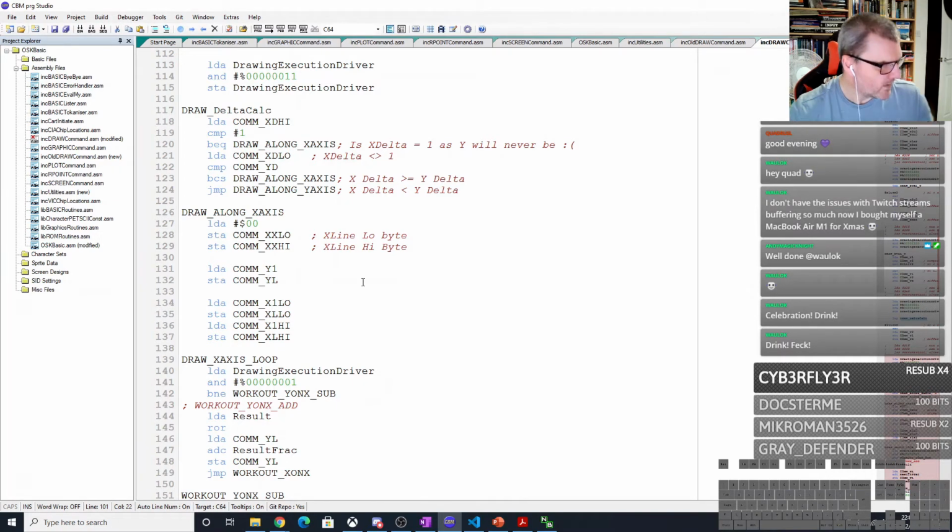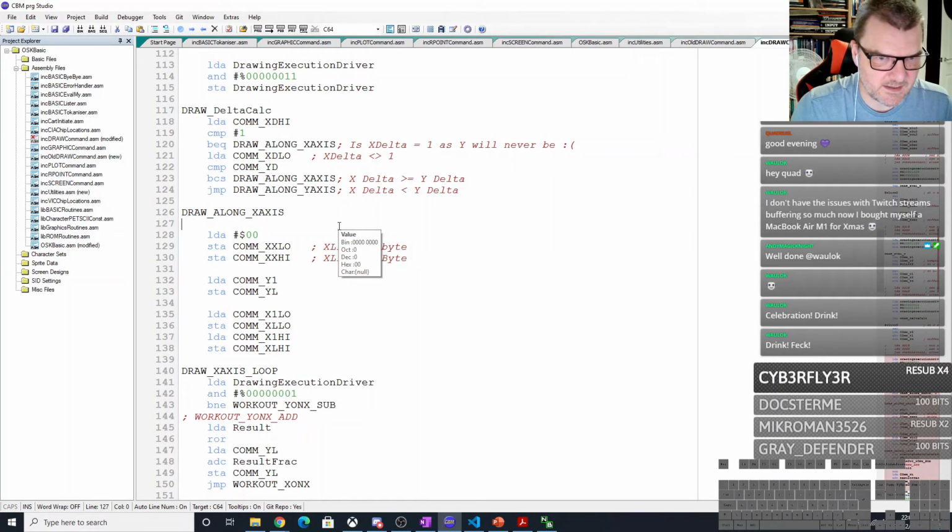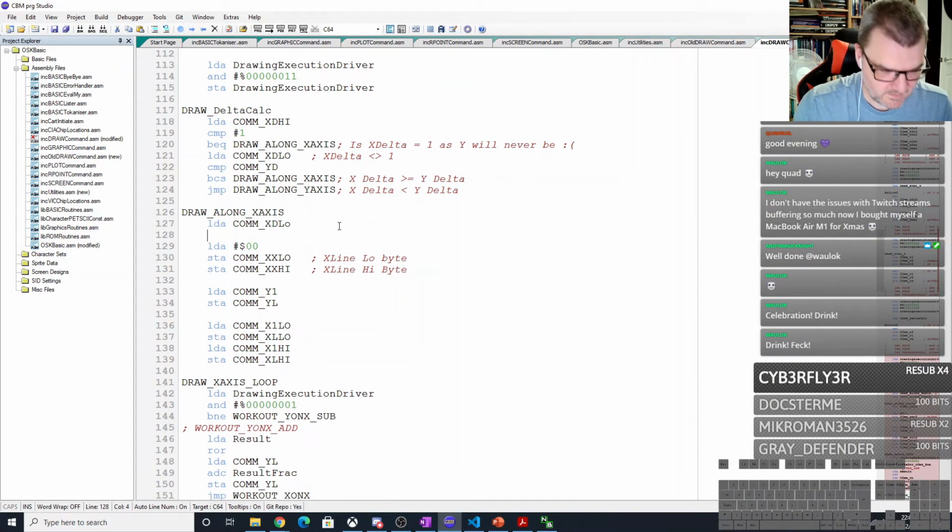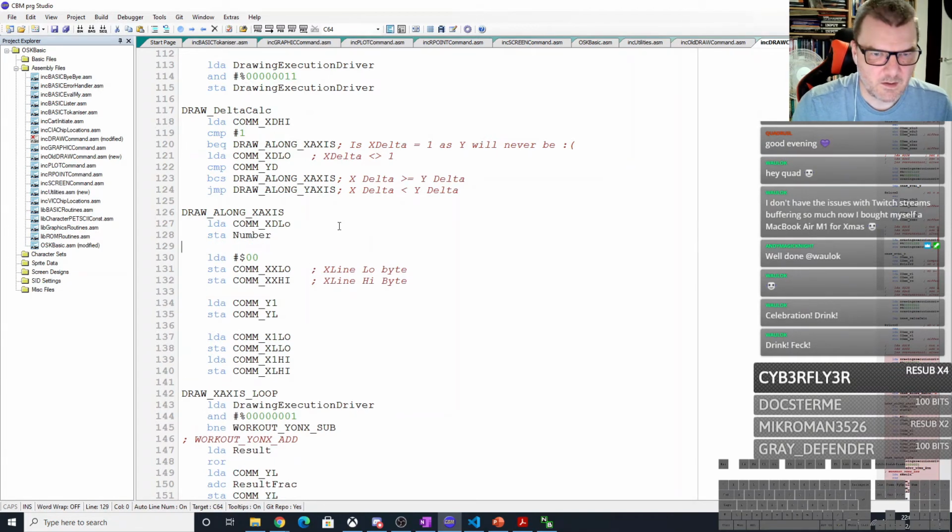So when we come in to draw along x-axis, we already know that our x delta was the bigger one. So what we need to do is load the deltas into the setup. So load com xd low, store it in number. No, it's divisor.